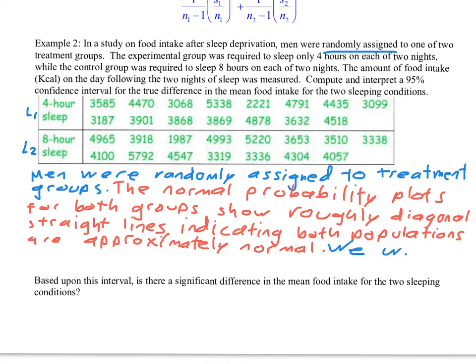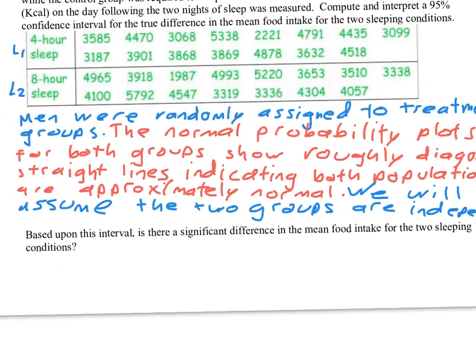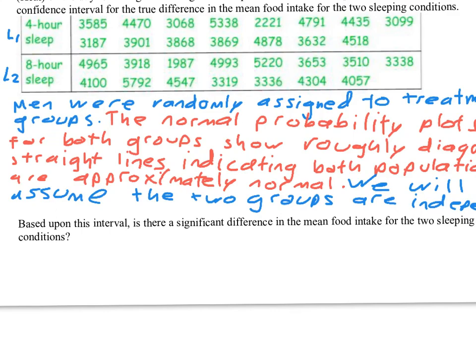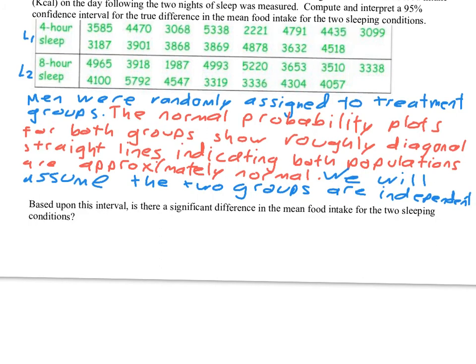We will assume the two groups are independent. Right, we'll answer this question later. I'm going to continue the confidence interval process underneath.